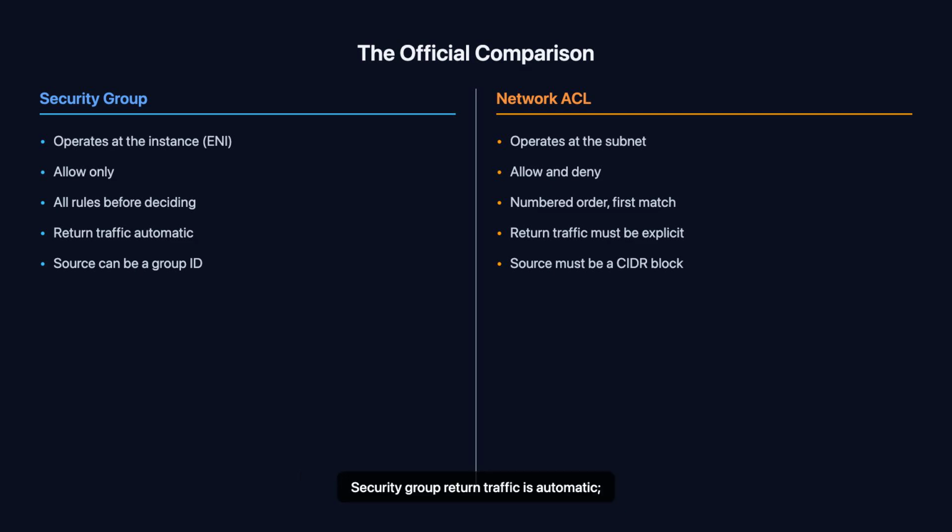Security group return traffic is automatic. NACL return traffic must be explicit. And the last row we haven't stressed yet, a security group source can be another group's ID, while a NACL only understands raw address ranges. That final row is exactly why tiered architecture is stored in security groups, not NACLs.